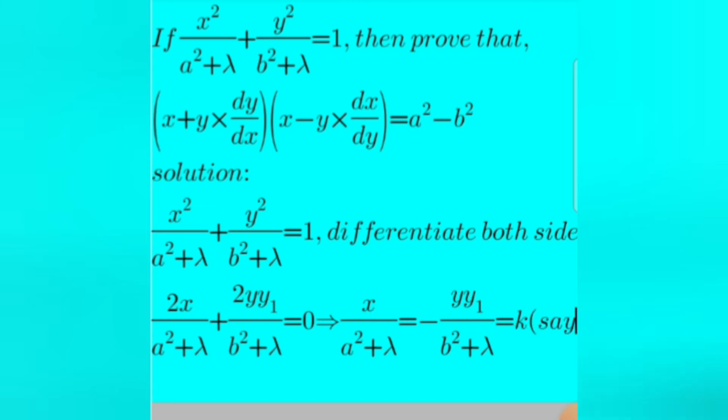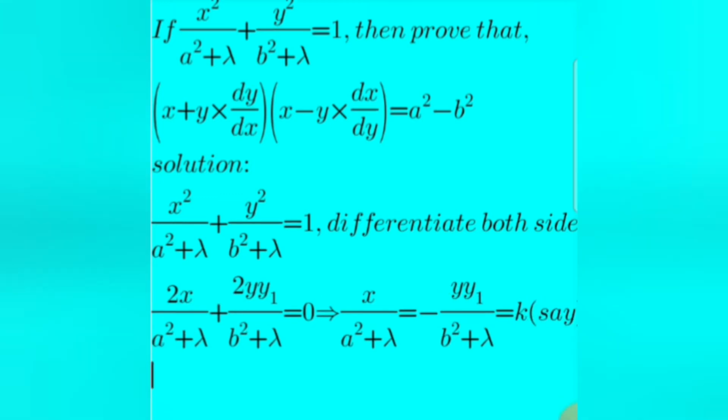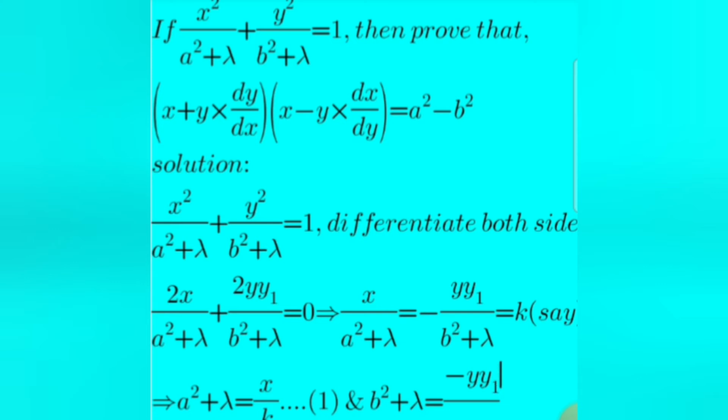Then a squared plus lambda equals x by k, call this 1, and b squared plus lambda equals minus y1 over k, call this 2.